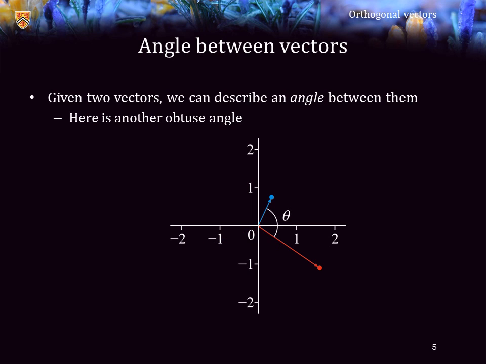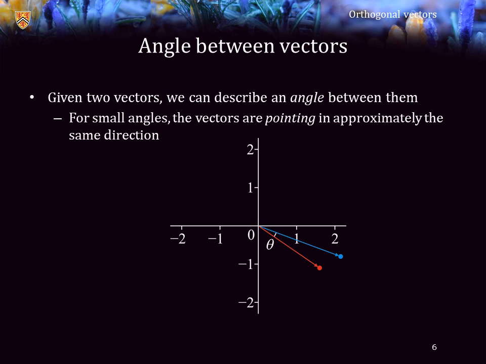Here's another angle, and yet again, the angle between these two vectors is greater than 90 degrees and thus could be described as being obtuse. In this case, the angle is smaller than 90 degrees, and so it is an acute angle, and we notice that for very small angles, the vectors are themselves pointing in approximately the same direction.